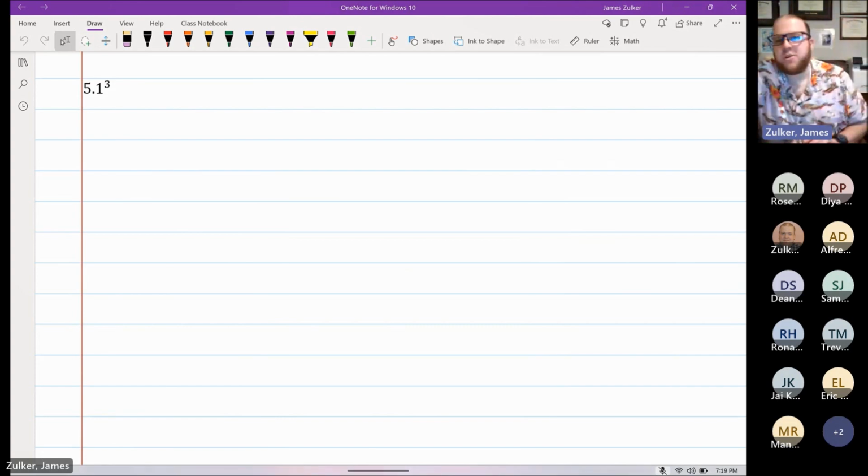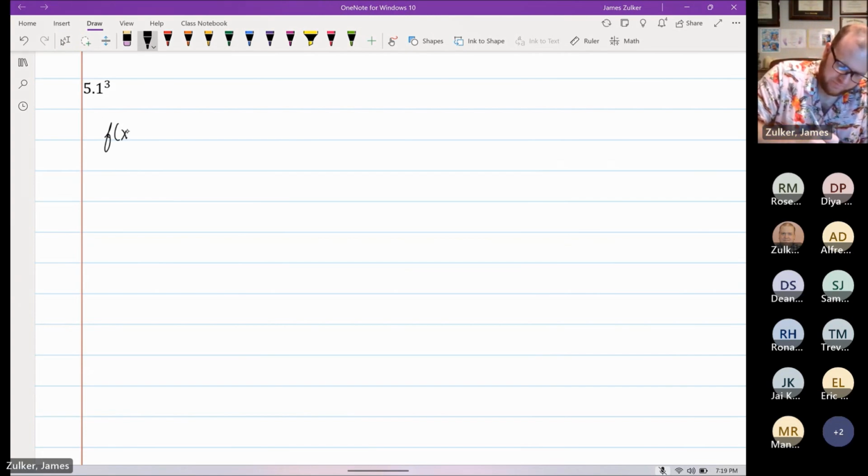And what about 5.1 cubed? Right, well, we're going to be using the cubic function, right?